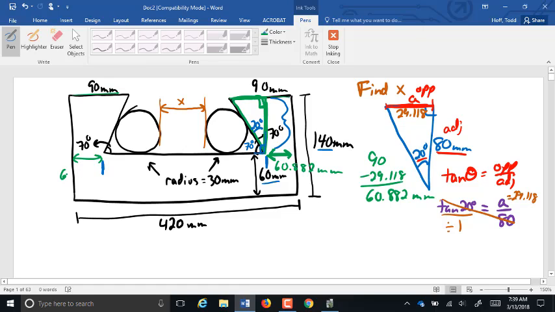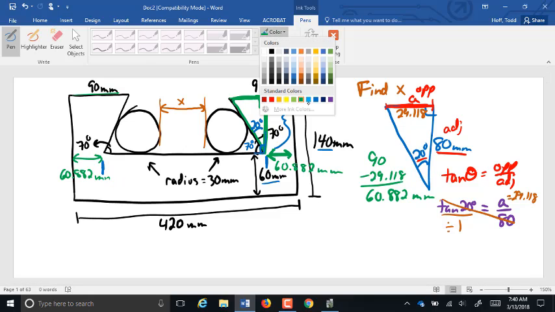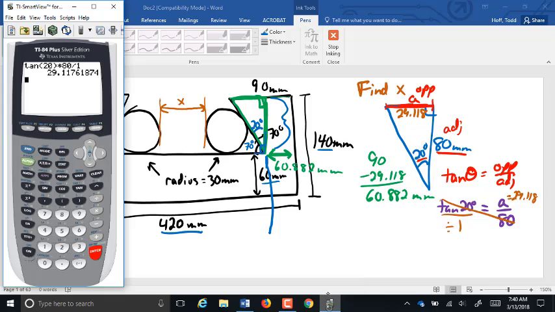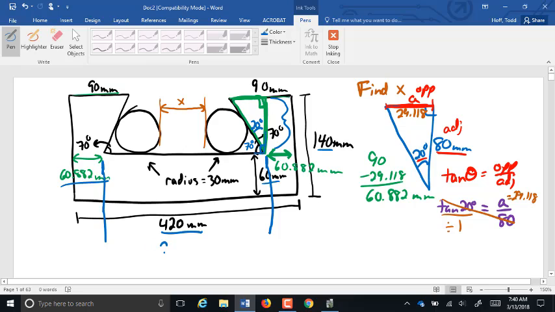This one over here is going to be the same. So this blue distance here is 420 minus the 60.882 twice. 420 minus 2 times 60.882 leaves us with 298.236.